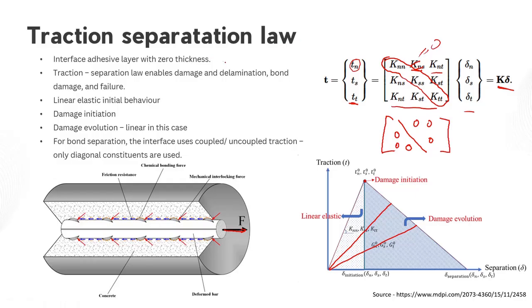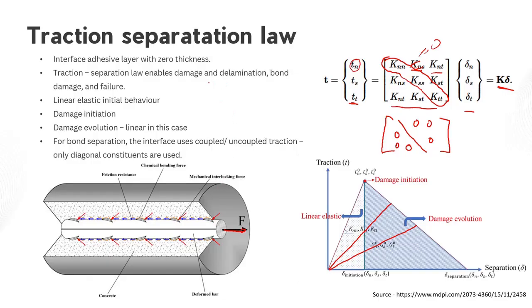So in general, the interface is like an adhesive layer with zero thickness, because I wanted to represent the interface like that. This is what we can make as an assumption.